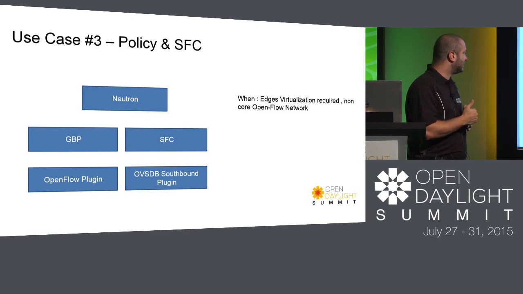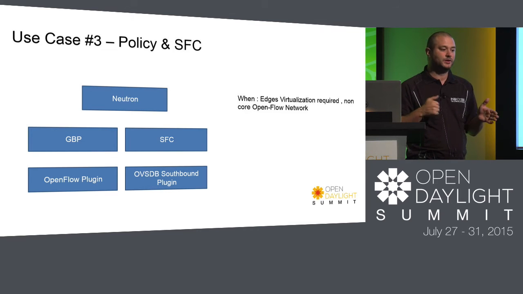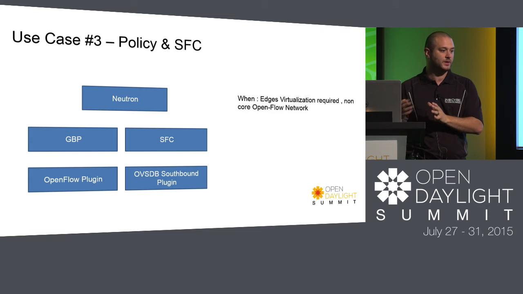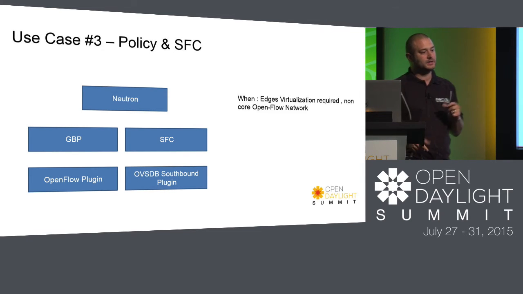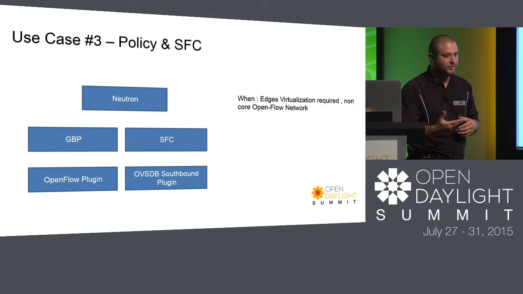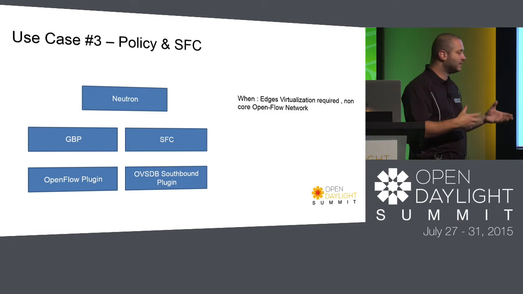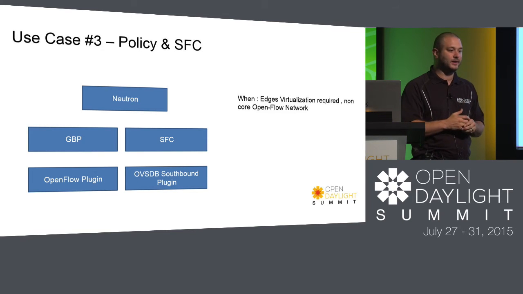But there's also the SFC component, which gives you service chains. So it allows you to say, in order to go from A to B, I will have to traverse these different nodes of my service chain. And this can be leveraged in other projects like OPNFV and so on, where you have VNFs between the different elements of your chain, and it allows you to create your service pipeline if you're a service provider.